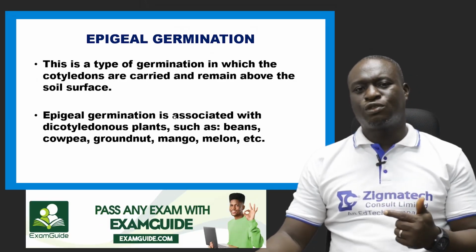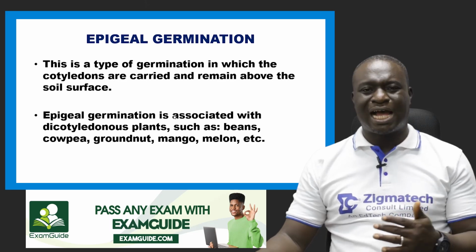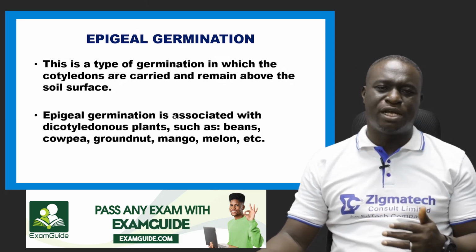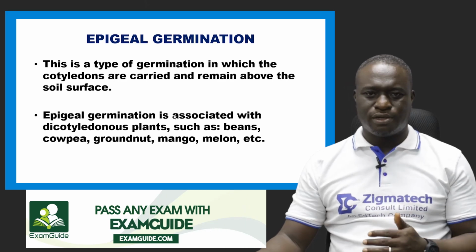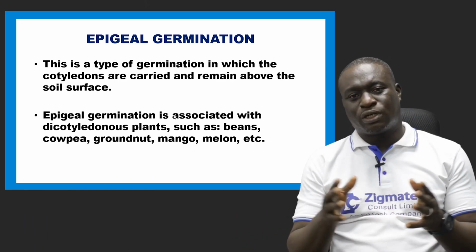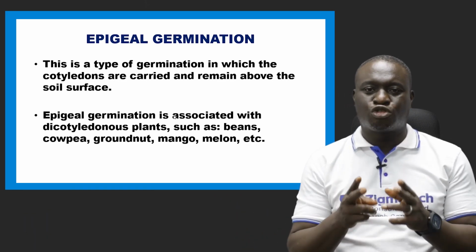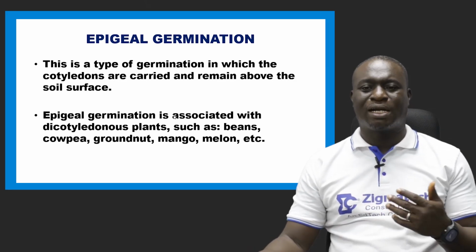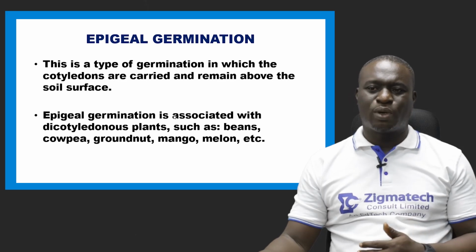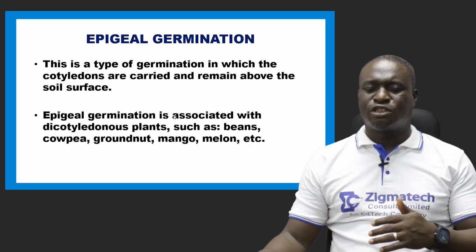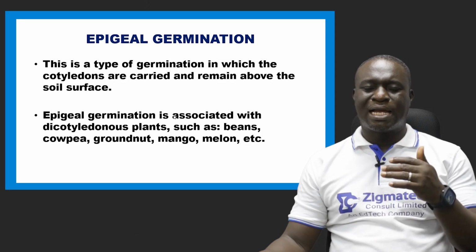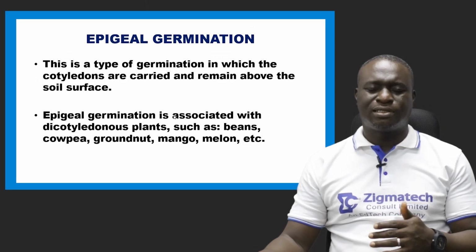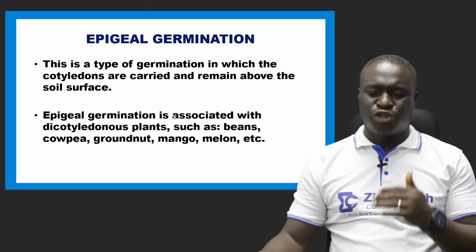Examples of plants that undergo epigeal germination are the dicotyledonous plants, and dicotyledonous plants simply means they have two seed leaves. Examples include the beans, cowpea, groundnuts, mango, melon, and so on. These are examples of plants that undergo epigeal germination.